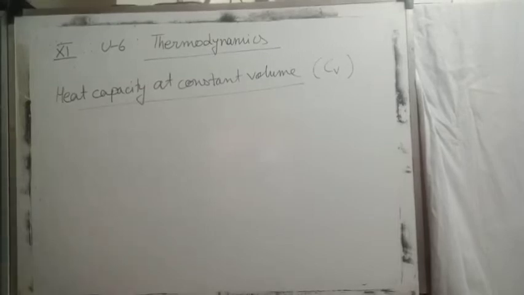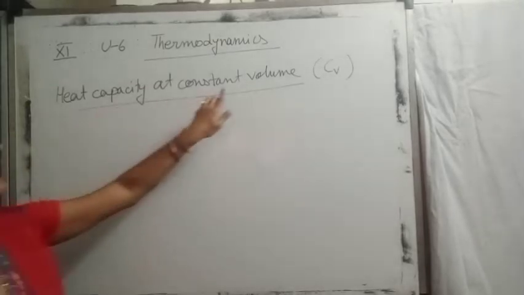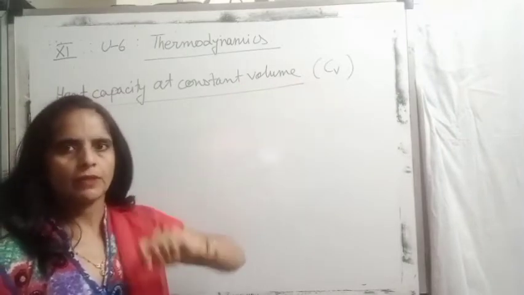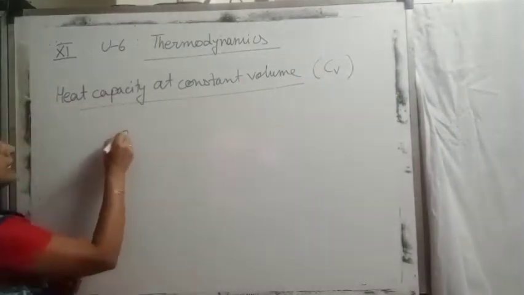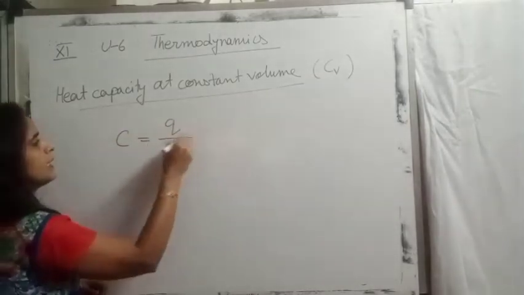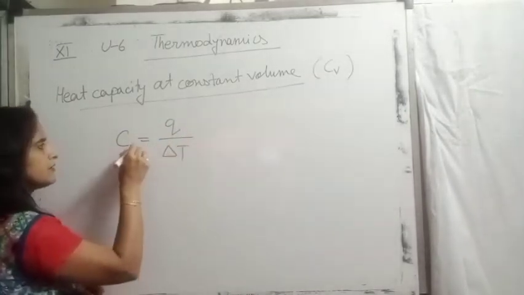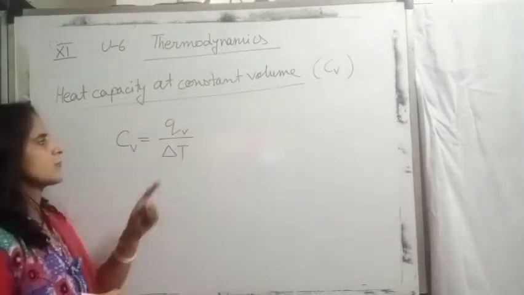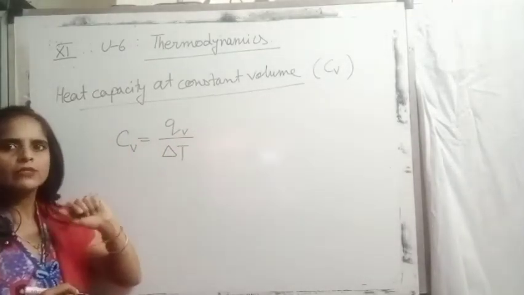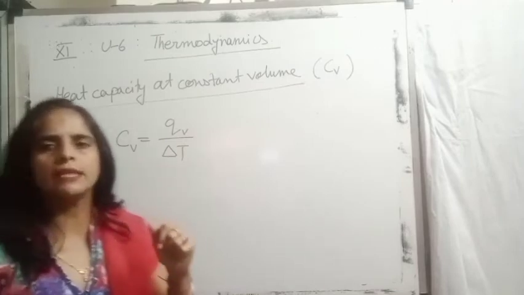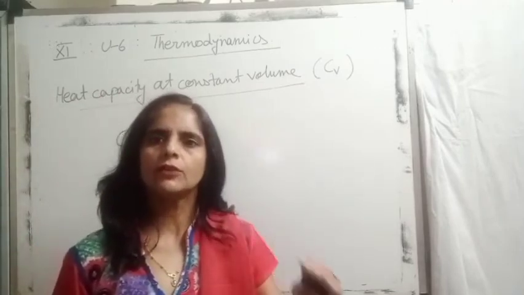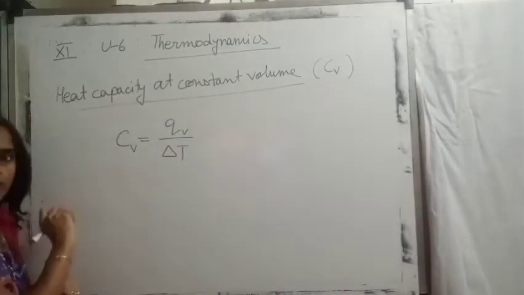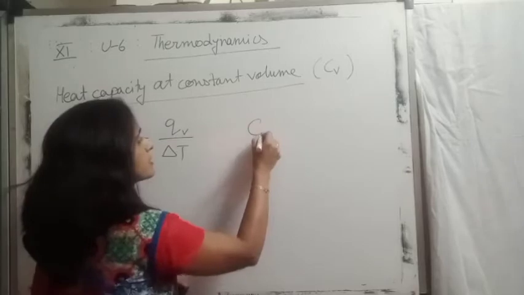And if we measure heat capacity at constant volume, then this is termed Cv. The formula of heat capacity was C equals Q by delta T. If we are measuring at constant volume, then heat is also supplied at constant volume. So this is the formula of Cv, the heat capacity measured at constant volume. Similarly, we can measure heat capacity at constant pressure, termed Cp.